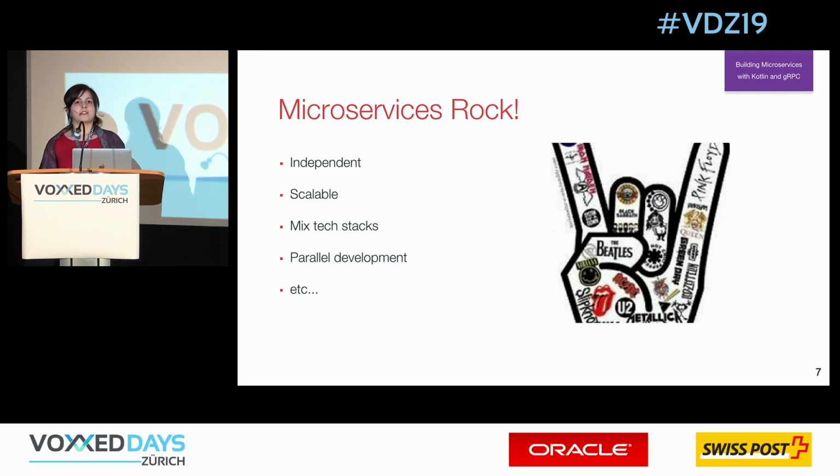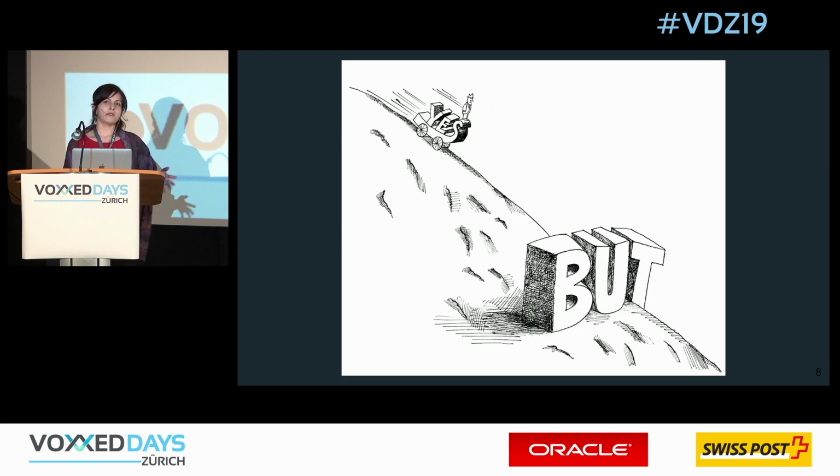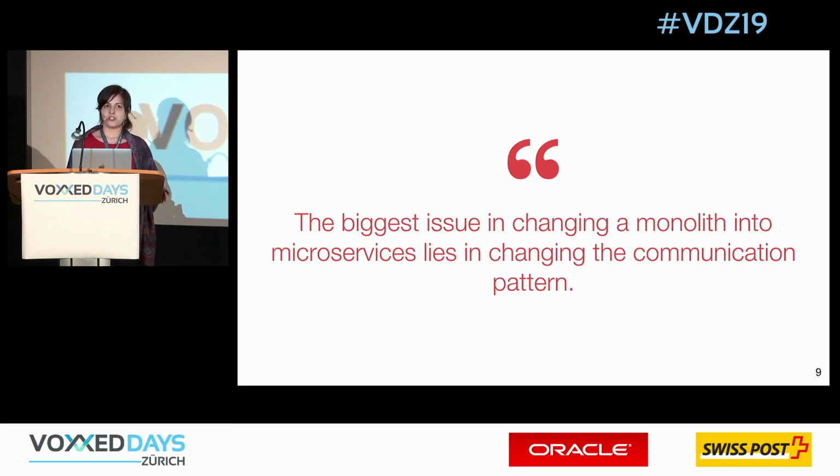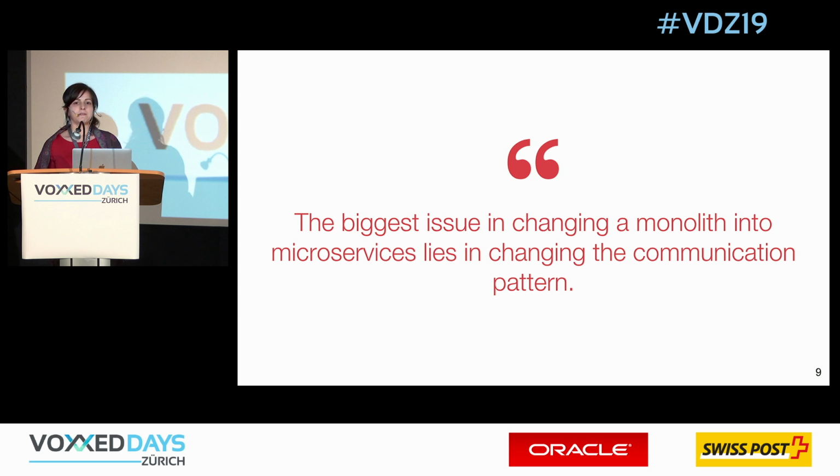And, of course, we can talk a lot about the pros of microservices, but there is always one but. We cannot talk a lot about pros without saying something about cons. So the biggest issue in changing a monolith into microservices lies in changing the communication pattern. What does it mean? When we worked with a monolith, we just called some service, we called a function, and we were on the same server.